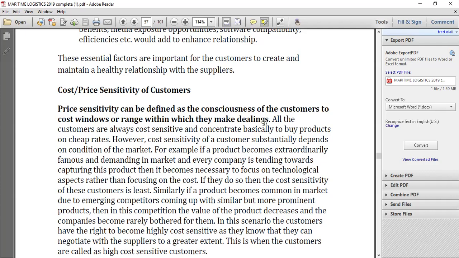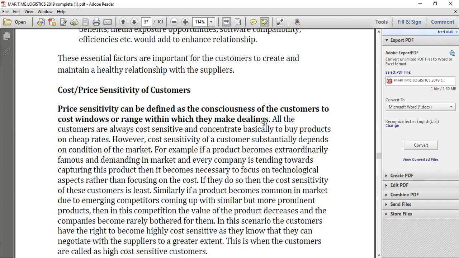When you charge too cheaply, they will say your product is fake or substandard. If you charge too expensive, again, they'll say it doesn't belong to them, it's for another class. So you must be cautious on how you put price tags on your product.